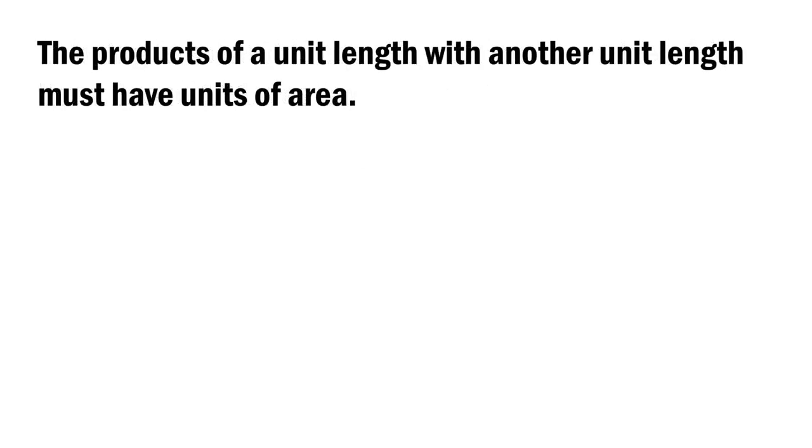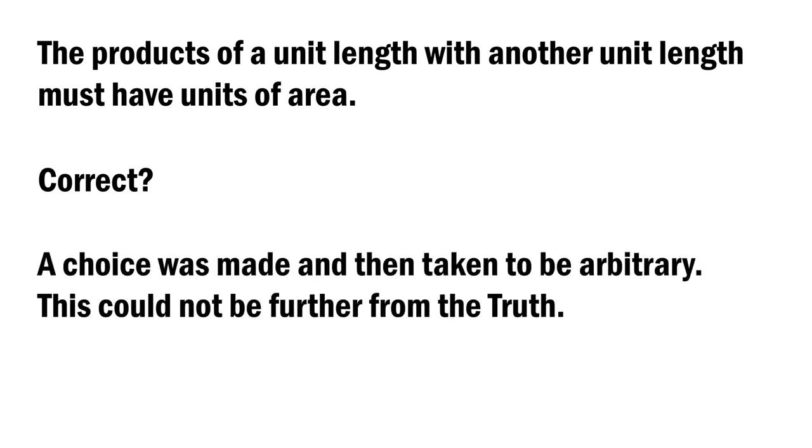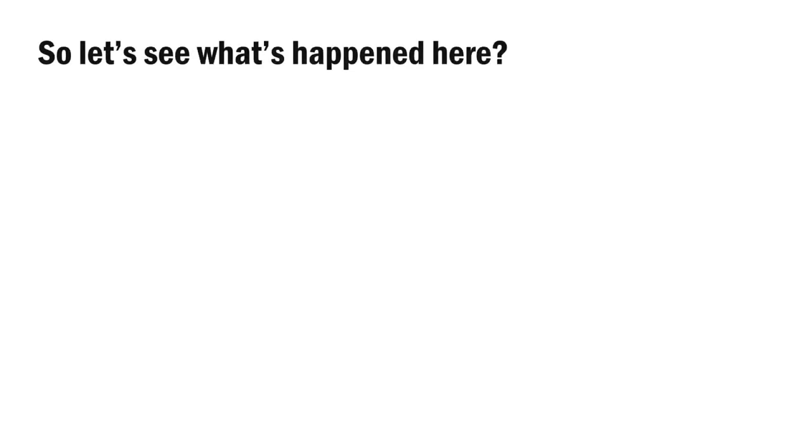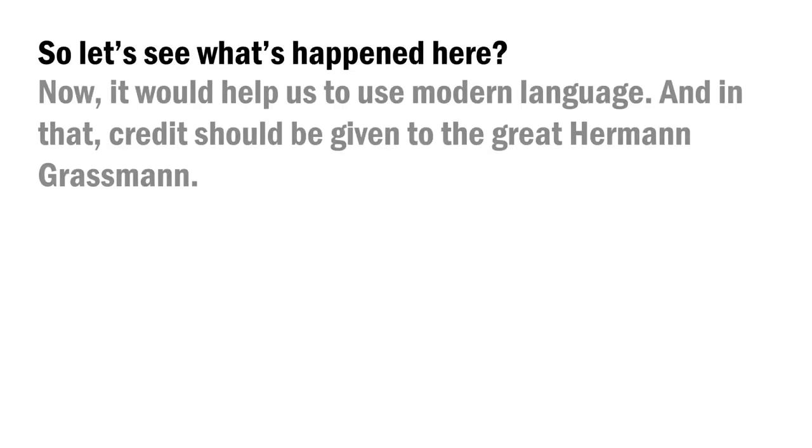The product of a unit length with another unit length must have units of area. Correct? A choice was made and then taken to be arbitrary. This could not be farther from the truth. So let's see what's happened here.